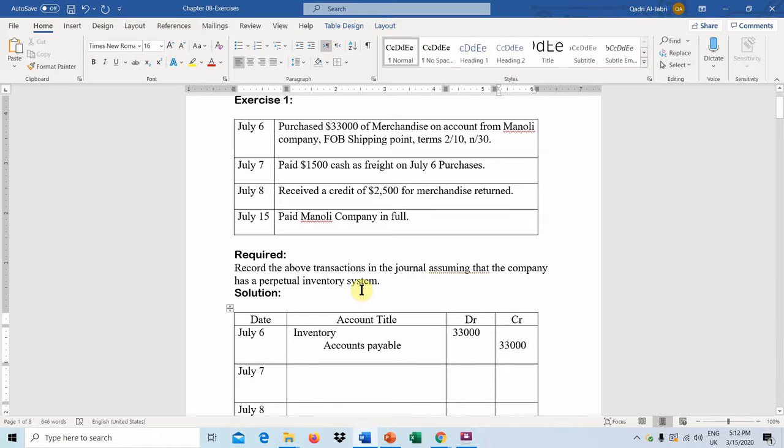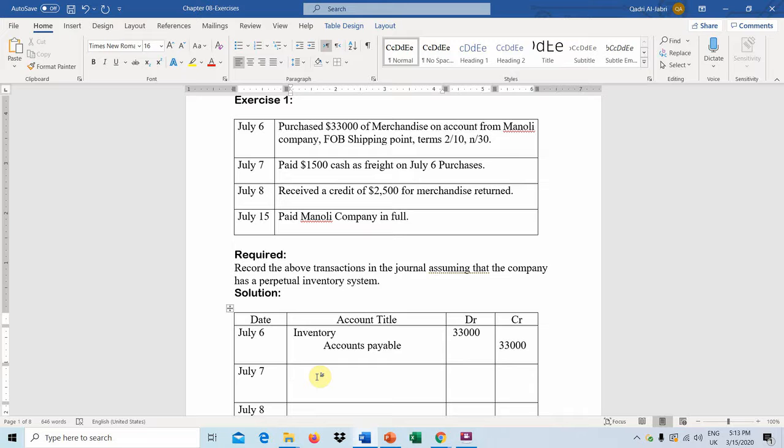Now let's check the second one. The second one: paid $1,500 cash as freight on July 6 purchases. So we paid a freight. Freight means shipping cost, like transportation cost, related to shipping the inventory from the seller to the buyer, which is us. So the cost of inventory includes any cost that we need to make the inventory in our stores and ready for its intended use.